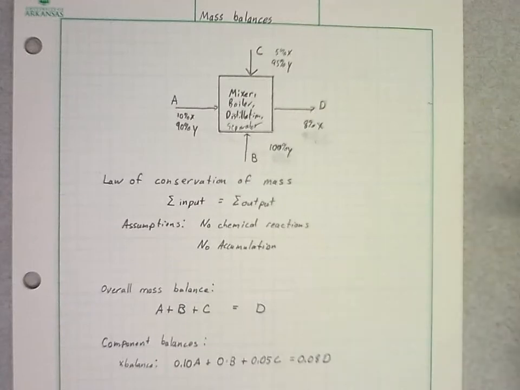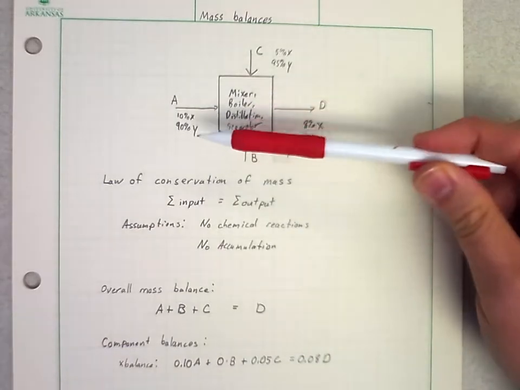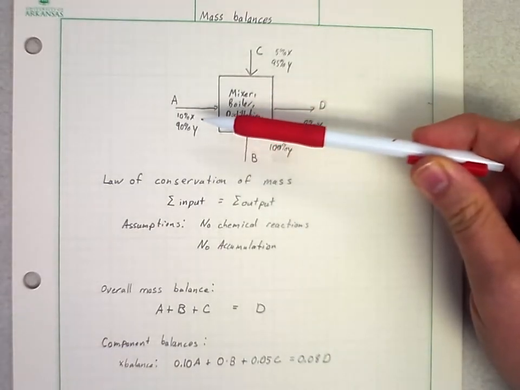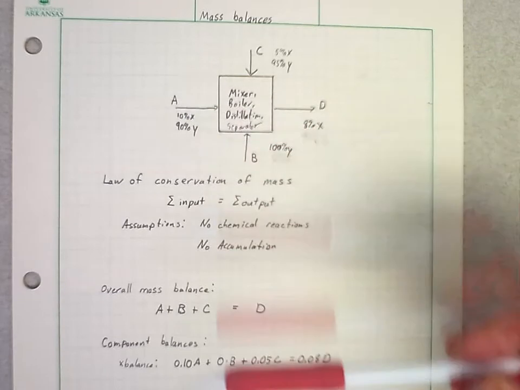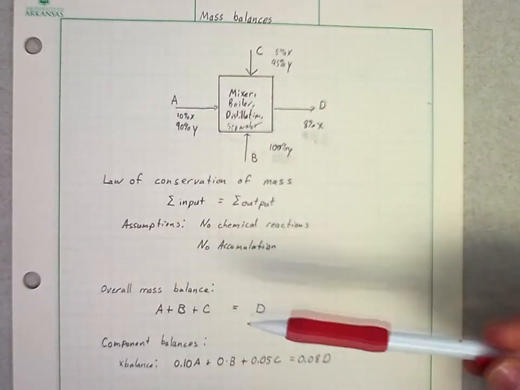If I were to write a component balance for X, I would just take the percent of each stream that is X and multiply it by the flow rate, or the amount in that stream.